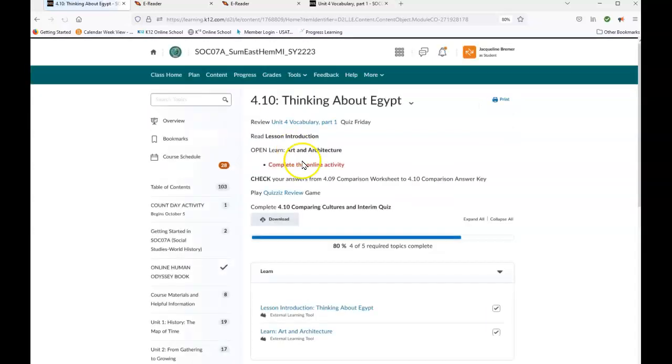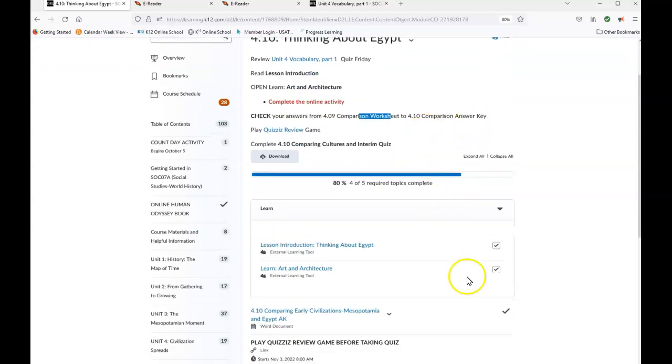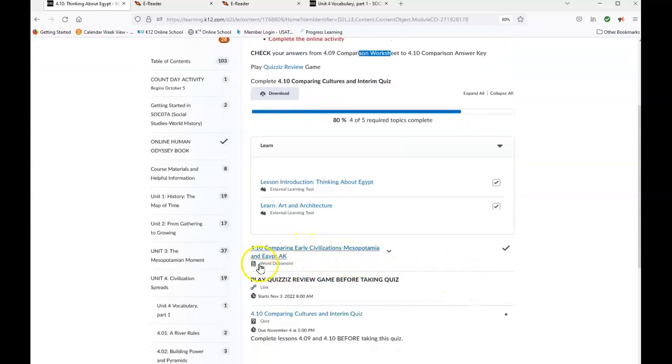So we're going back to lesson 4.10. So you completed the online activity. Okay, check your answers from the 4.09 comparison worksheet. Oh, so your comparison worksheet from yesterday, there's an answer key right here. Okay, so you've done the introduction, you did this.